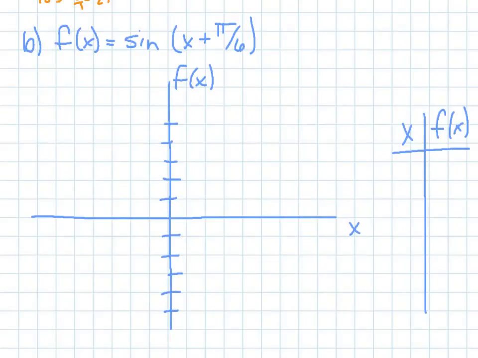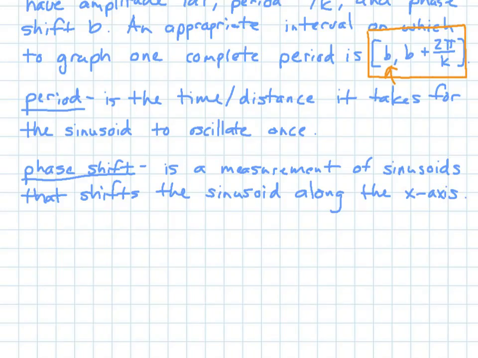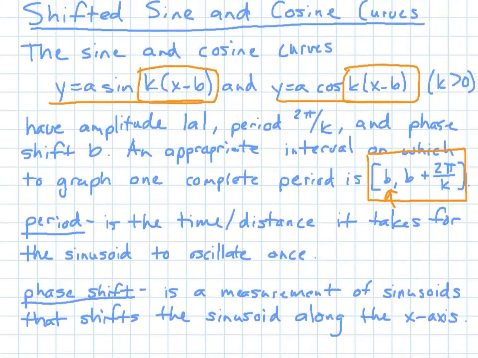Now here, we're talking about phase shift. So this one is not going to have a period change because the value out front is 1. So we're still going from our length of 2 pi. Now the difference here is that we shift it. Notice how in the previous formula it says minus b, so it's going to be the opposite.